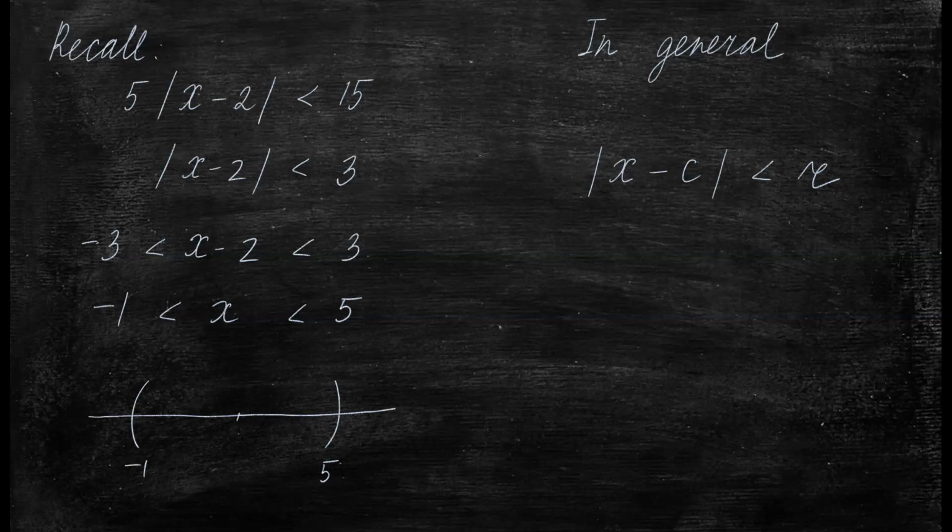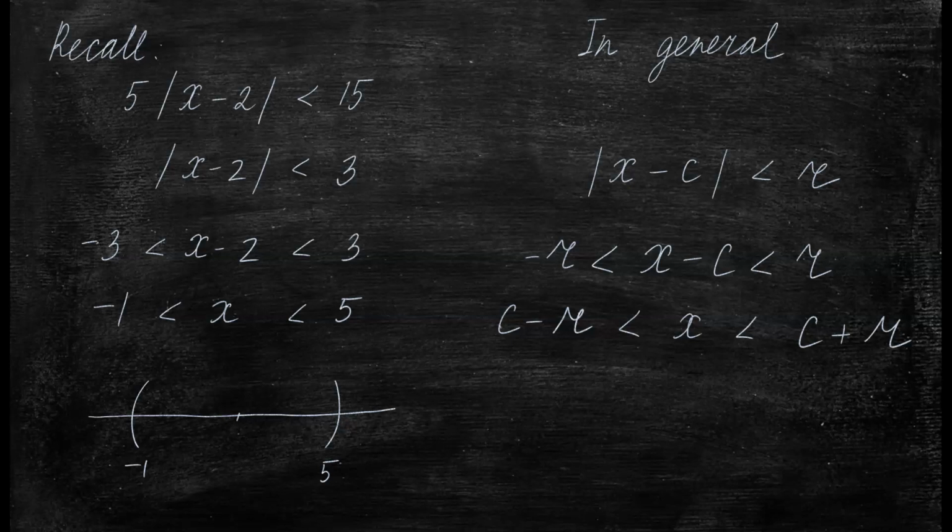And we can turn it into a two-sided compound inequality like this, and then we can add c to all three sides. Or we can even write it like this.